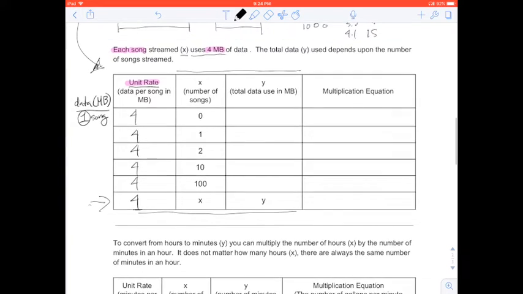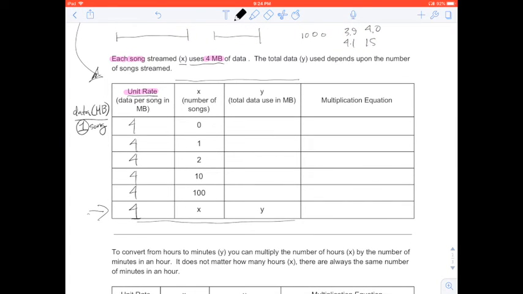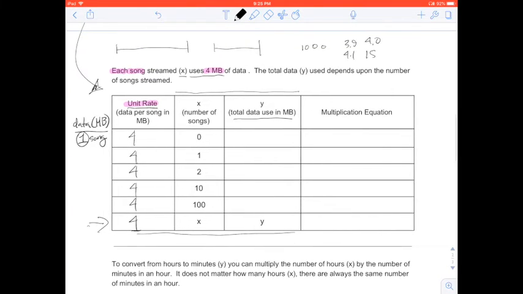Okay, so now what I'd like for you to do is go ahead and fill out the second column, total data use in megabytes, based upon the first 2 columns. And I will wait. Please pause it. And you're back. Sweet. So we know that if one song is 4 megabytes, I'm going to start on one song, this one right here.